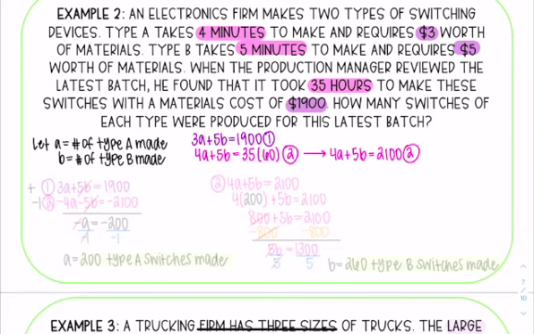So I'm going to multiply equation number 2 with our negative. So equation number 1 is going to stay the same. In equation number 2, we're going to multiply by negative 1. So we get negative 4A minus 5B equals negative 2,100.